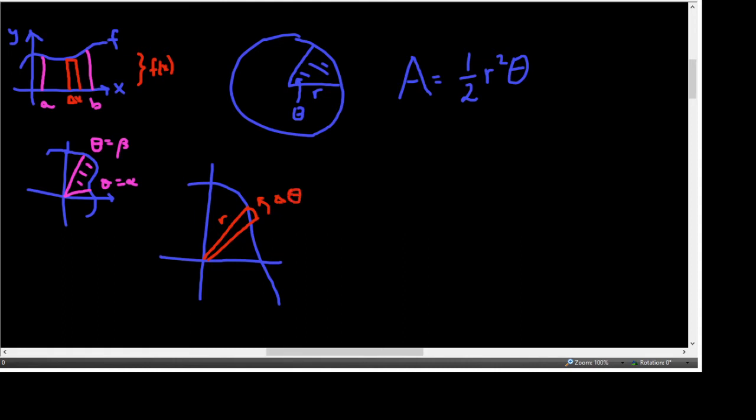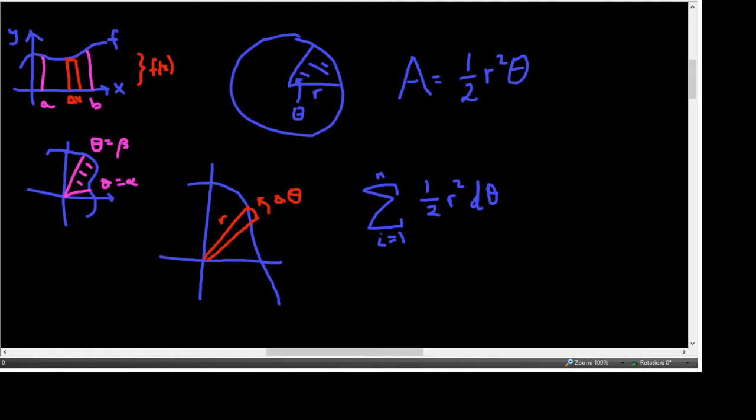And so if we add up from the first sector to the nth one, the area of 1/2 of r squared d theta, oops, I forgot to write in something. Let me back up just a second.